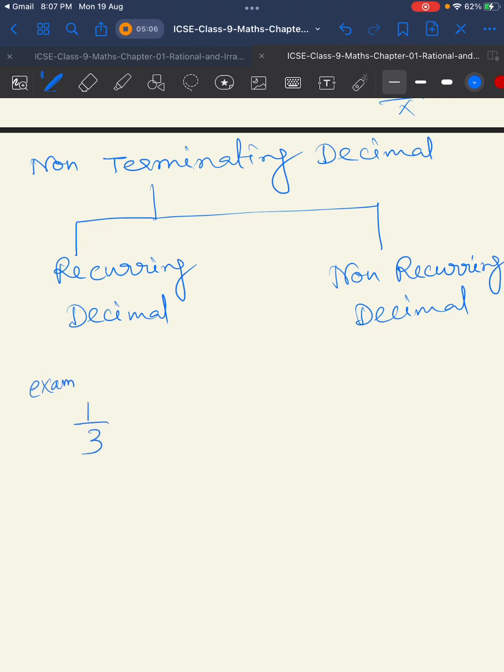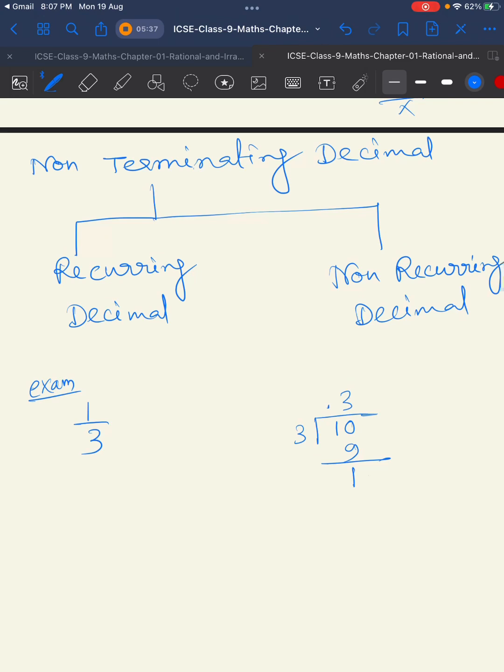Let's first see recurring decimal with an example, 1/3. Here 1 divided by 3. First we take a point in the quotient. Now we get 0. Now 3 threes are 9. Subtract 10 from 9.